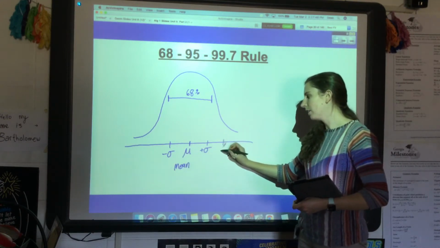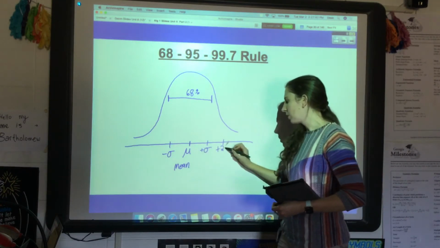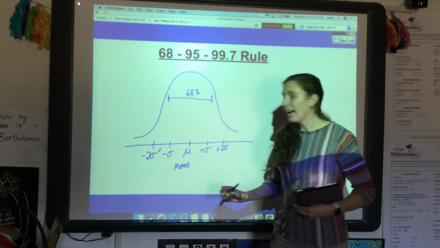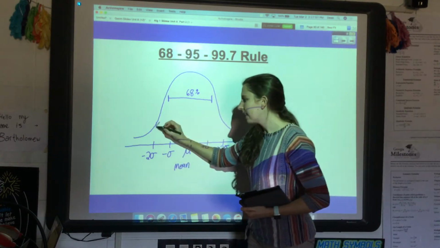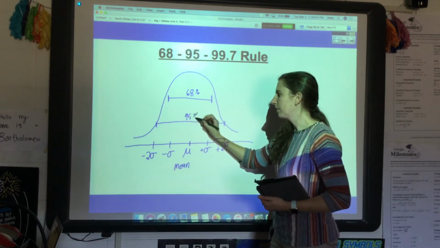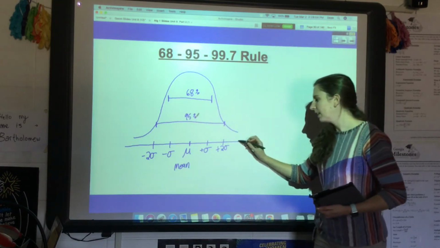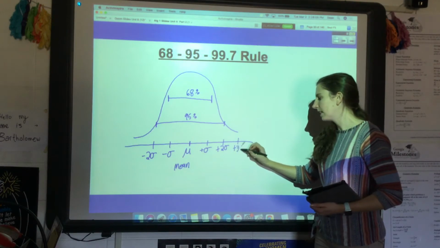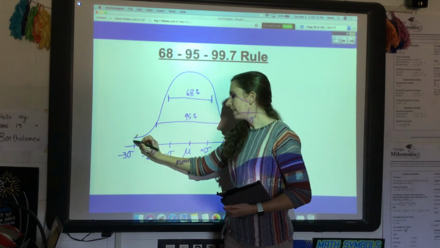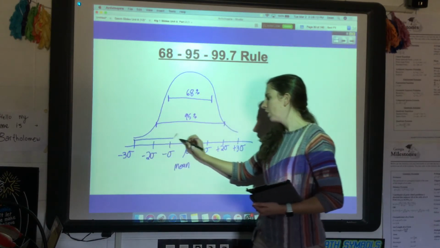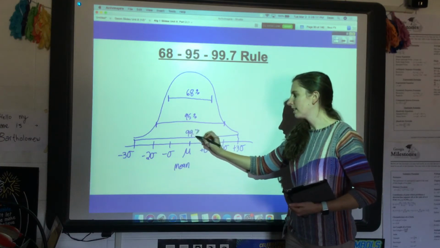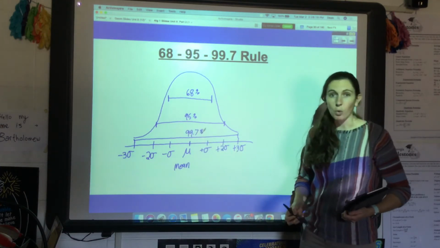If you go out another standard deviation, so +2 or -2, that is almost everybody. That is actually 95% of the entire population. And if you go out one more, so +3 standard deviations or -3 standard deviations, that is really, really close to everybody. It's 99.7% of the data, always.